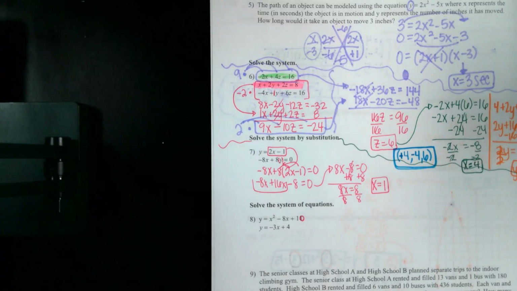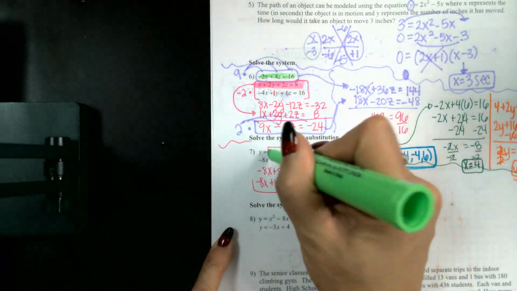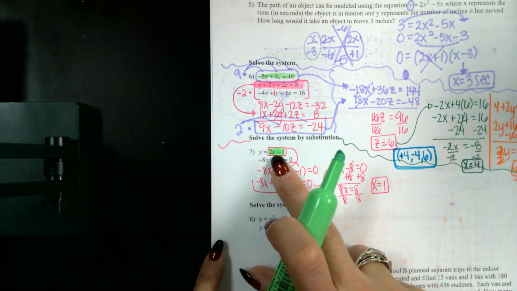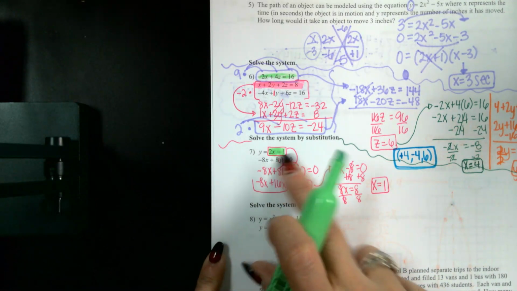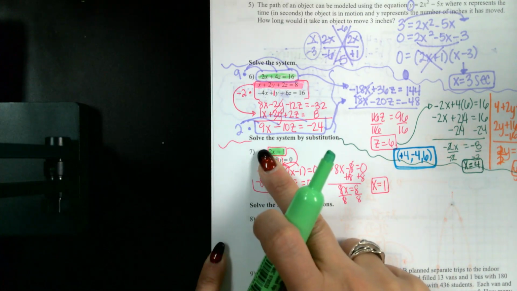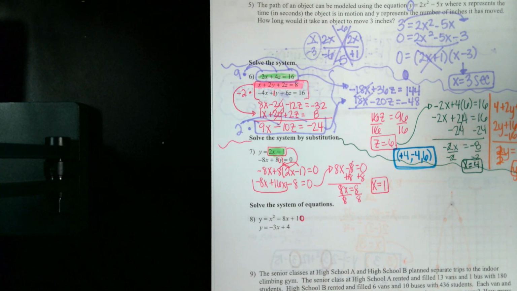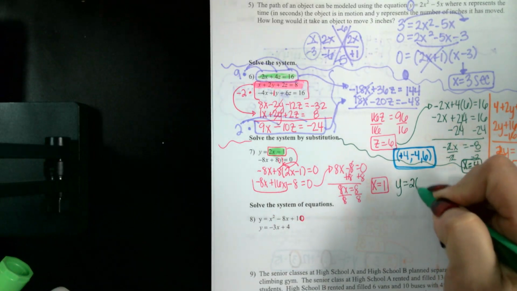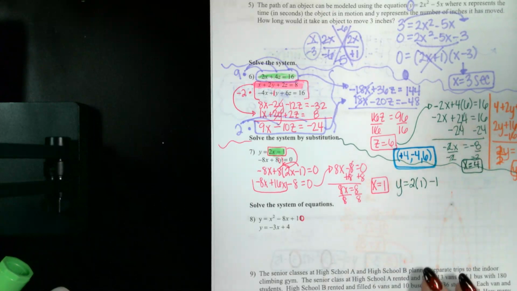So you get that x is equal to 1, but we still need y. But this is the easiest part. See that little box right there? See that little box I drew at the beginning? If I plug my x in right here, then I'll get y, because it says y equals that. So y equals 2 times x minus 1.